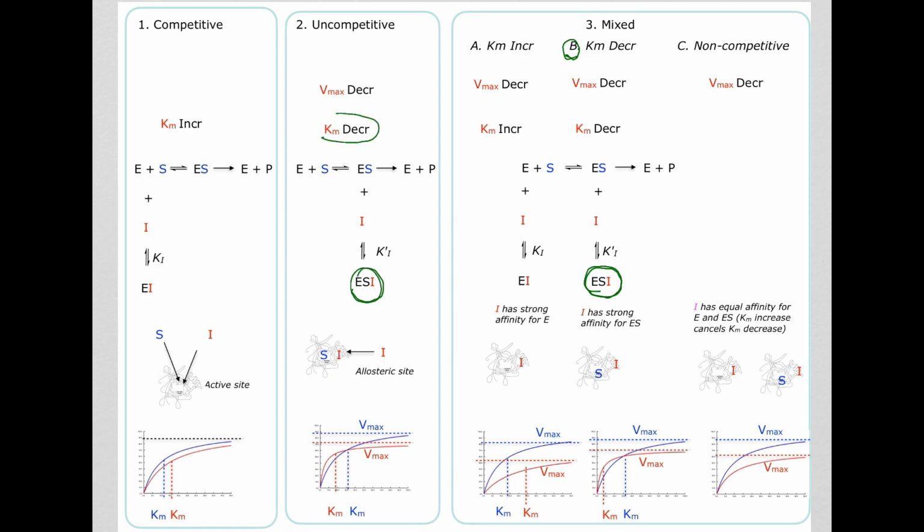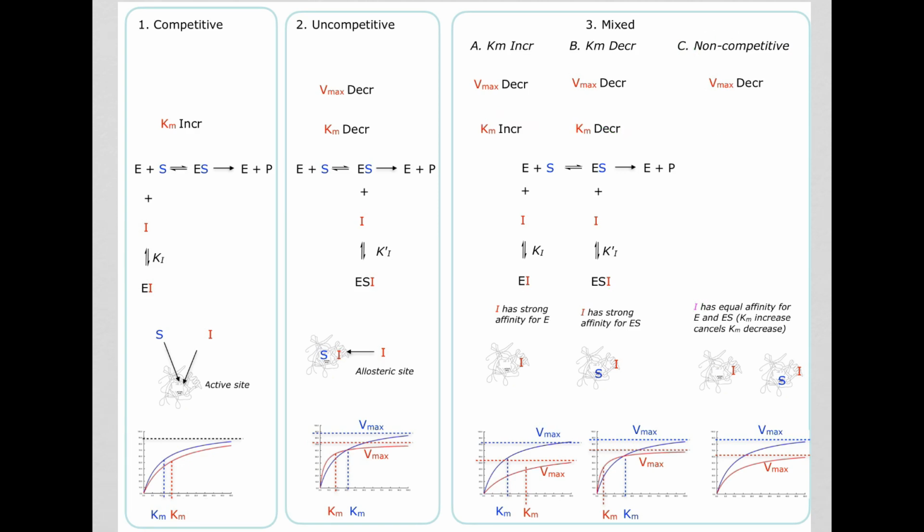We see a Km decreasing, and that's what we see here in the second subtype of mixed inhibition. And in the third case, C, what we call non-competitive inhibition, which is very, very common, the inhibitor has an equal affinity for the enzyme substrate as well as the free enzyme. Therefore, the increase in Km and the decrease in Km will cancel each other out, and there is no effect on Km in non-competitive inhibition.